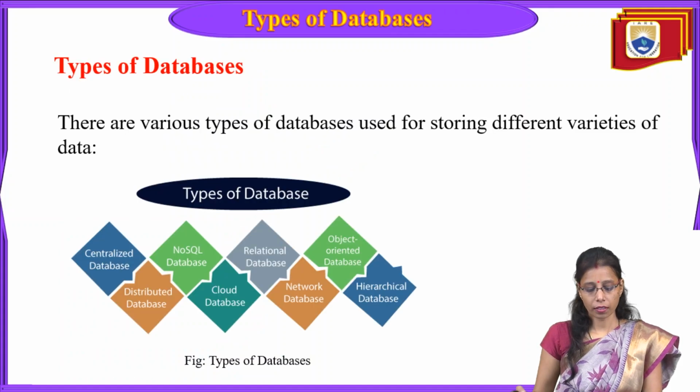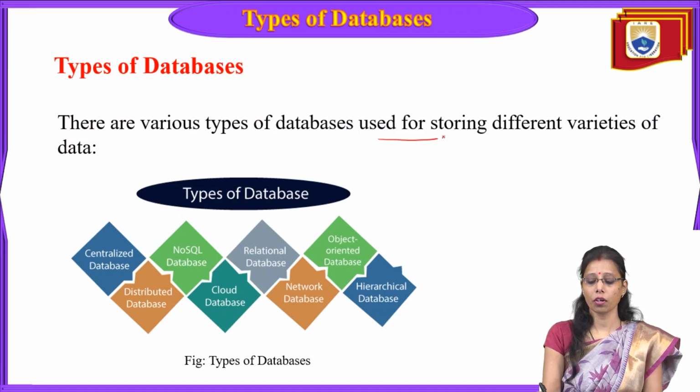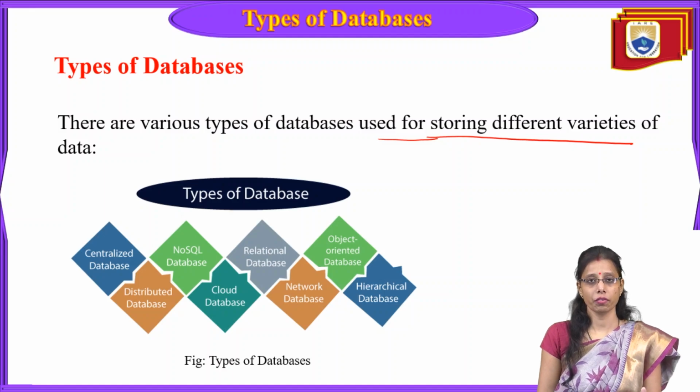Okay. Let us start with the first topic, types of databases. There are various types of databases which are used for storing different varieties of data. When it comes to GIS, we have spatial, non-spatial, raster and vector data. These are all types of data to be stored in GIS.